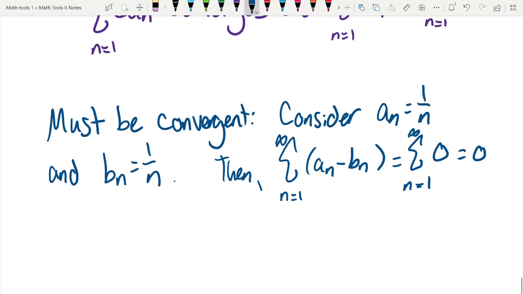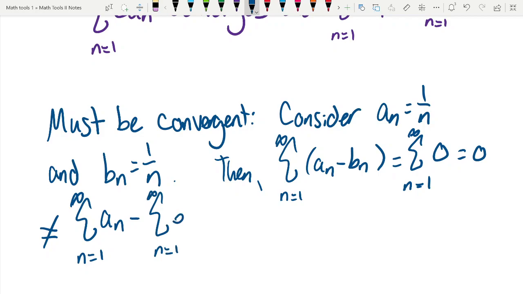But this is not equivalent to the sum from n equals 1 to infinity of a sub n minus the sum from n equals 1 to infinity of b sub n, which would be infinity minus infinity. That's an indeterminate form. We can't say what infinity minus infinity is.